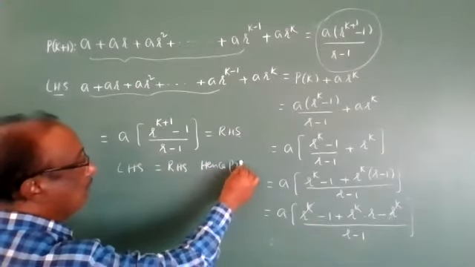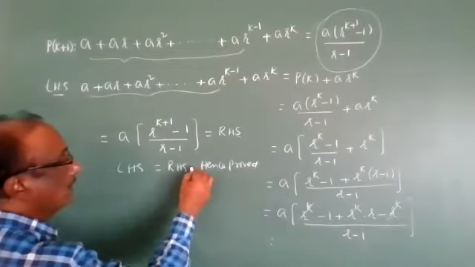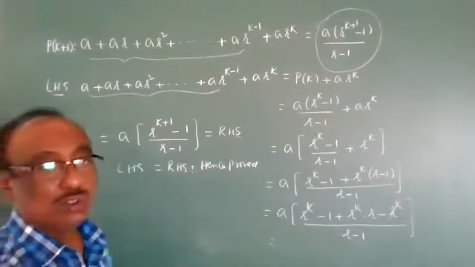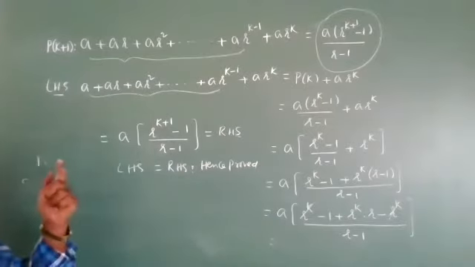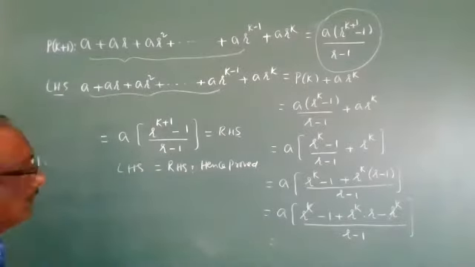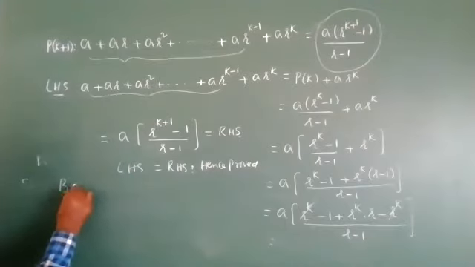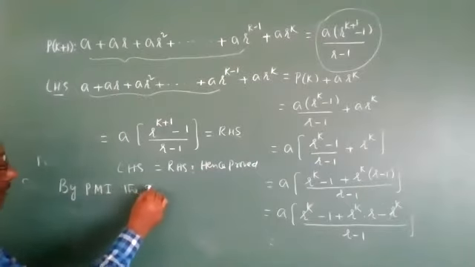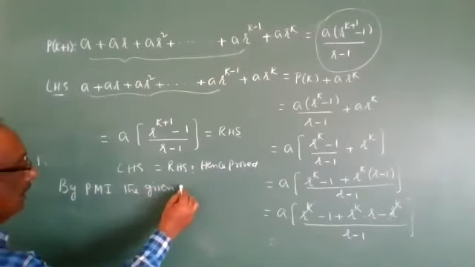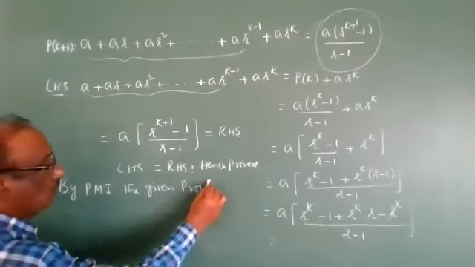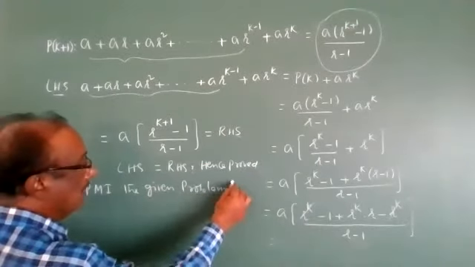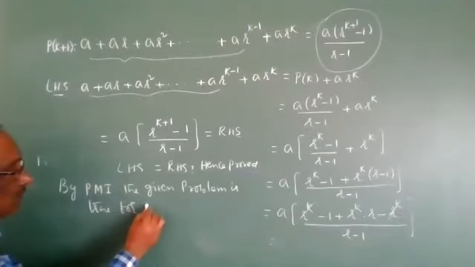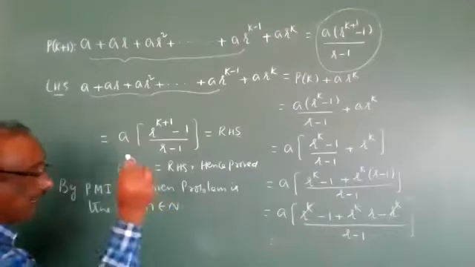Write down, everyone: by the principle of mathematical induction, it is true for all small n belongs to capital N. By the principle of mathematical induction, the given problem is true for small n belongs to capital N.